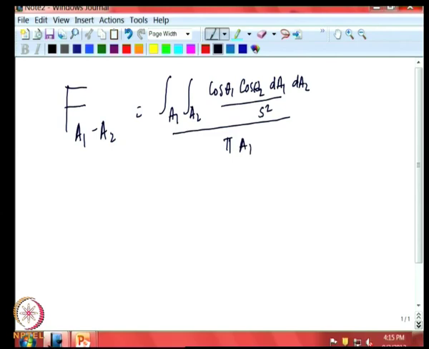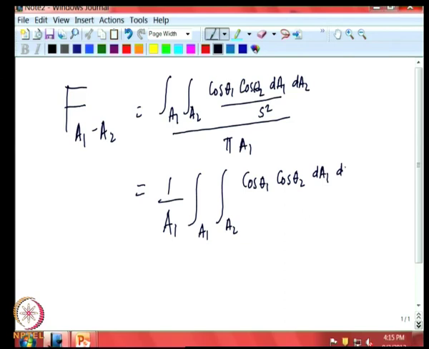You can write it more neatly as 1 over A1, integral A1 to A2, cos theta 1 cos theta 2 dA1 dA2 by pi r square. So this is now a truly geometric factor. It depends on the relative orientation, theta 1 and theta 2, of the two surfaces.